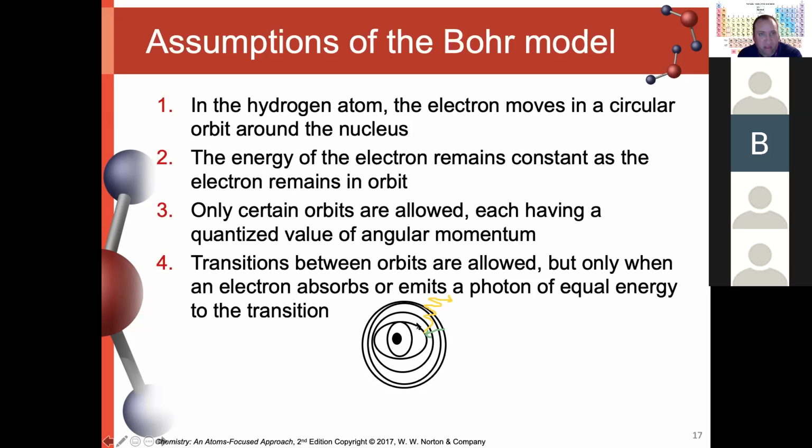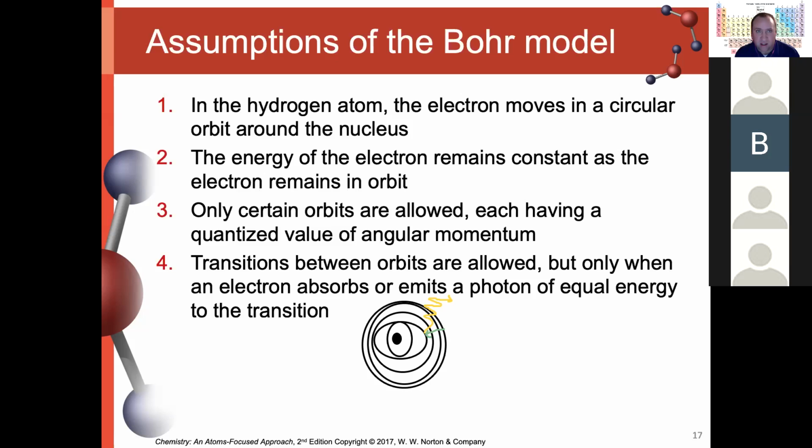And so that's what the Bohr model really focused on, taking that idea of the Rydberg equation and using that Rydberg equation to figure out what kind of energy was going to be used to move those electrons up and down.